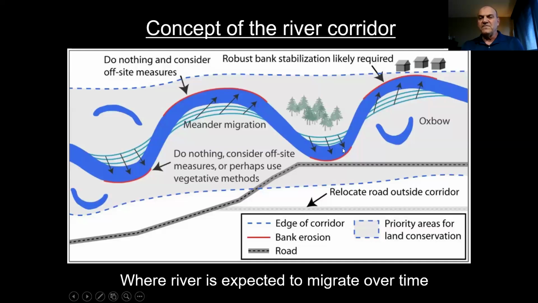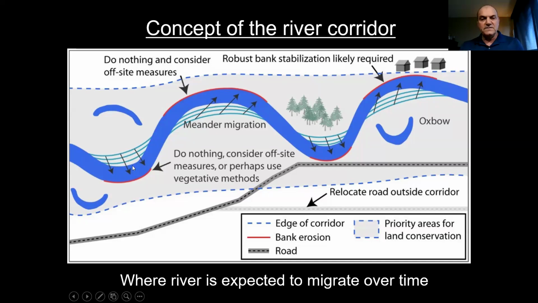So to prevent constraining the river and preventing it from progressing through its dynamic nature, we might consider relocating the road outside of the corridor so the river can continue on its natural dynamic path. Elsewhere, the erosion is within the corridor. There's no infrastructure nearby, so we're probably doing nothing.